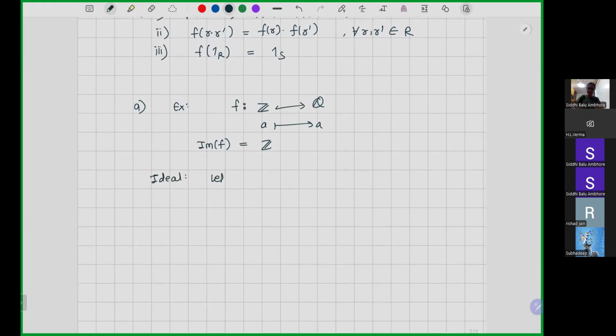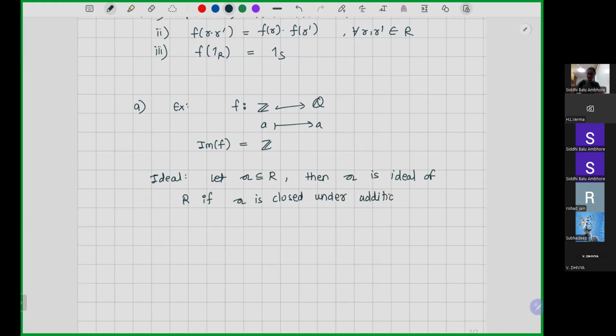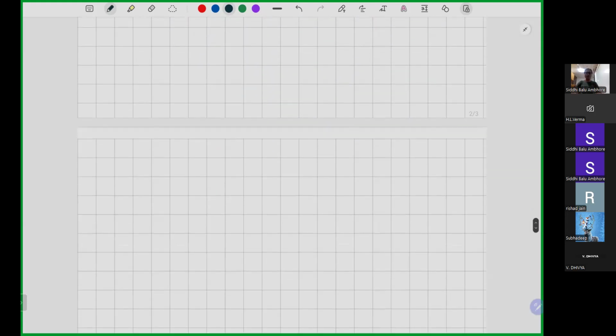Let A be a subset of R. Then A is an ideal of R if A is closed under addition and for all a in A and r in R, a times r belongs to this set A again. Okay, so this is the definition of ideal.